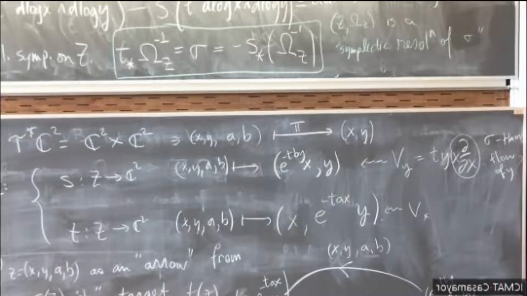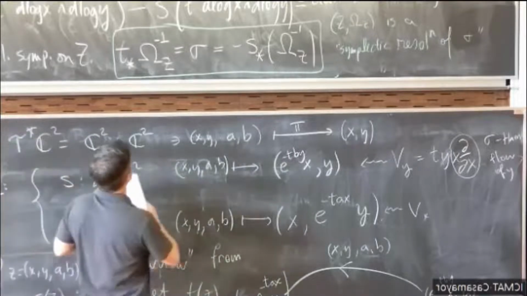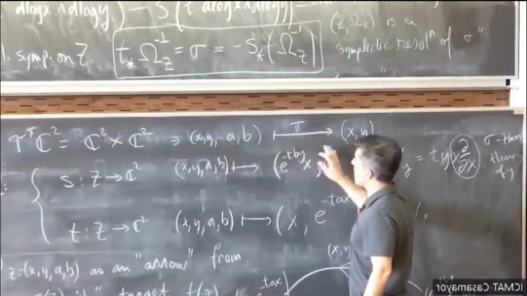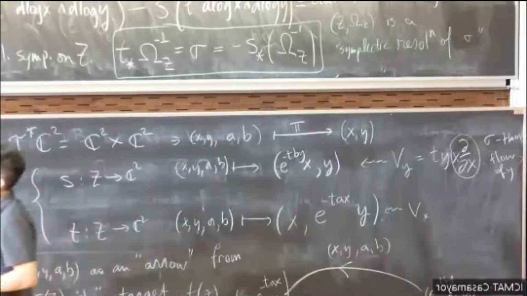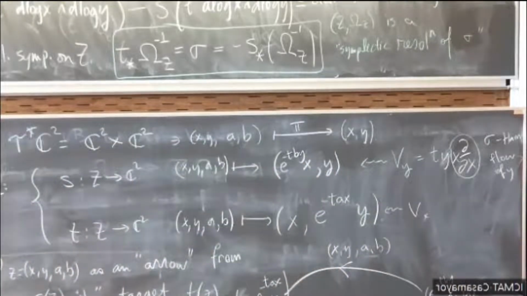Okay, but the interesting thing is that because of this interpretation of this space as defining Hamiltonian flows, it turns out that this space, this geometric manifold, has the structure of a groupoid, so that every point in this space could be viewed as an arrow that goes between the source and the target.